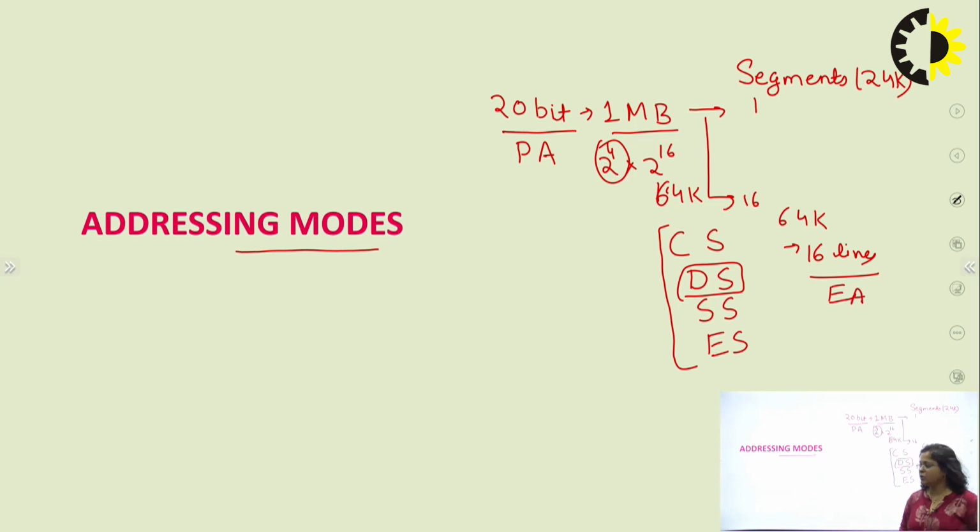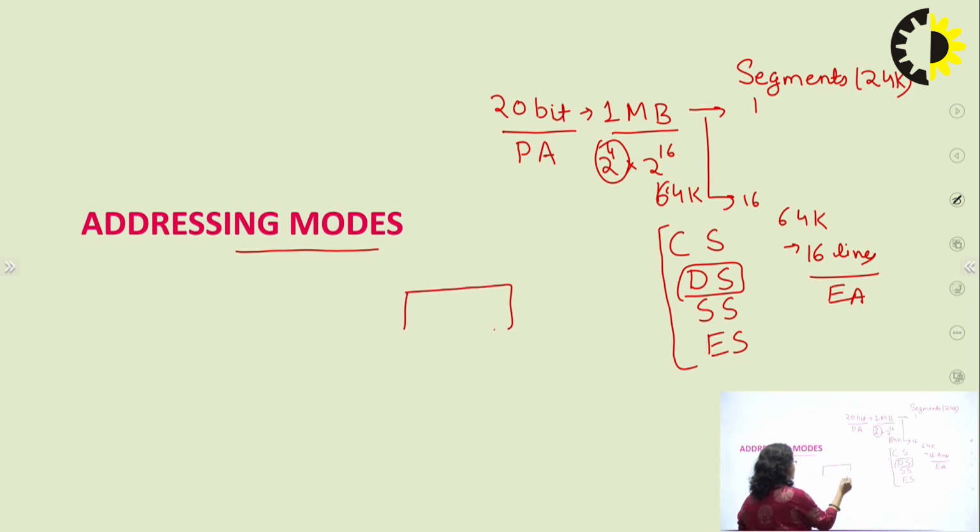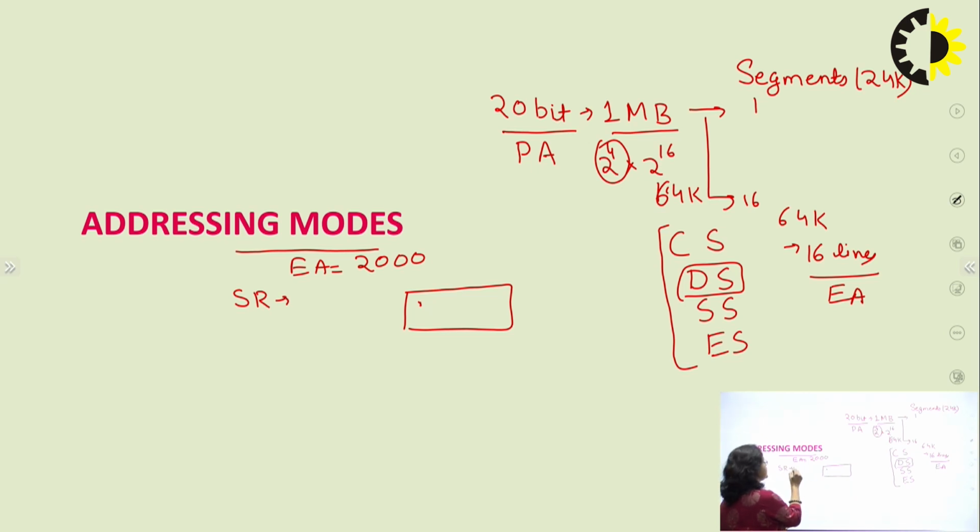The calculation to convert the effective address to the physical address is that we shift the segment address by 4 bits to the left. For example, let the effective address be 2000 and the segment it belongs to be the data segment with address 3000.